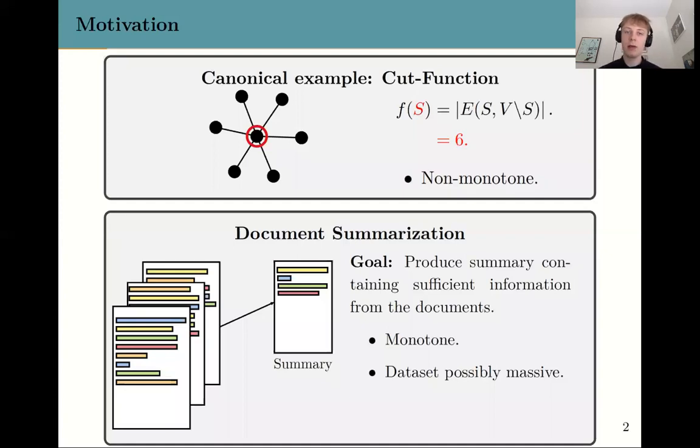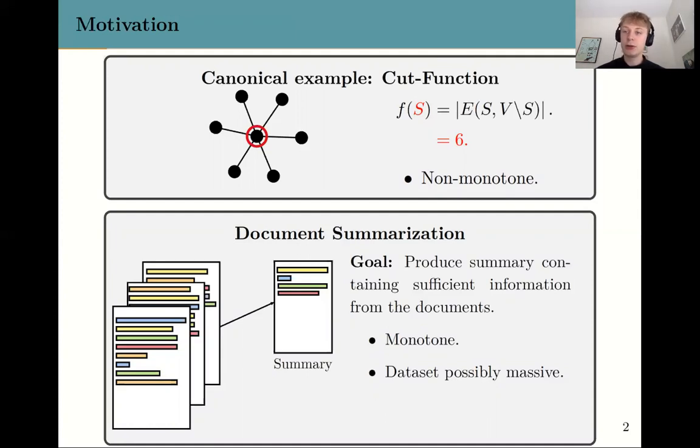In this example, the value of the cut here would be 6. And you can see that if I pick another element and put it in my partition, the red part, then the value of the cut decreases.